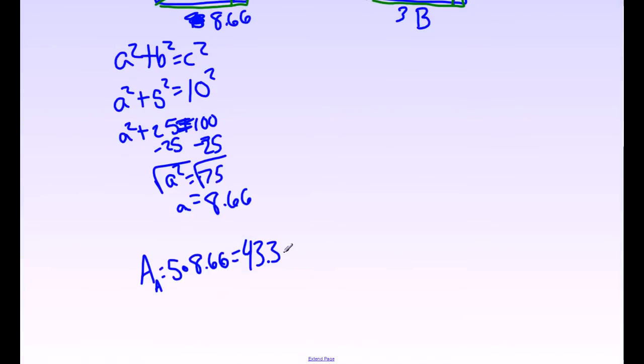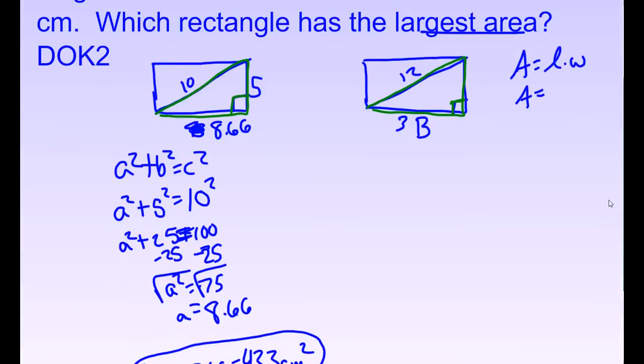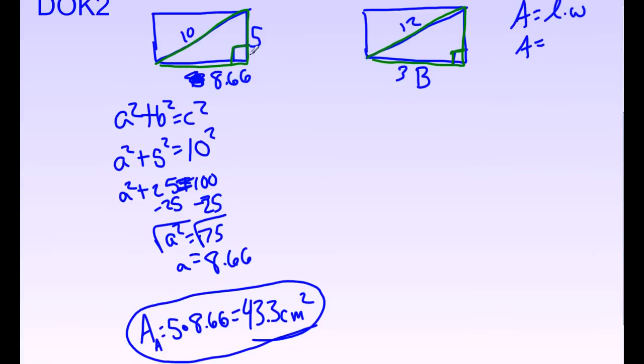Centimeters squared. So that is half of my answer. I know the area of my first rectangle.